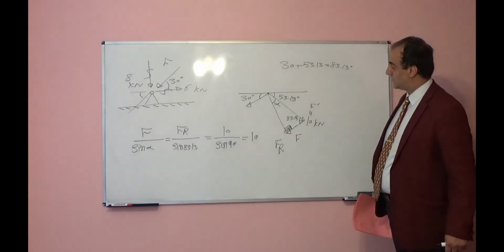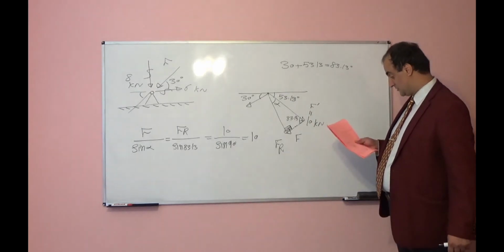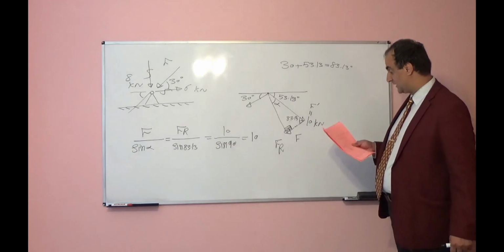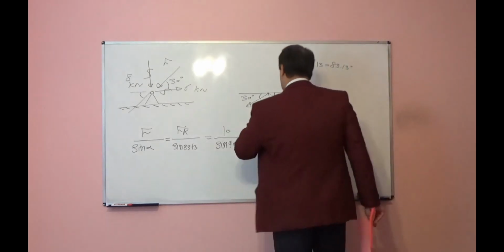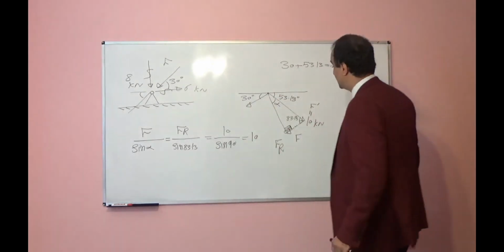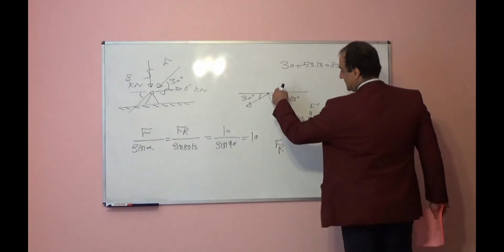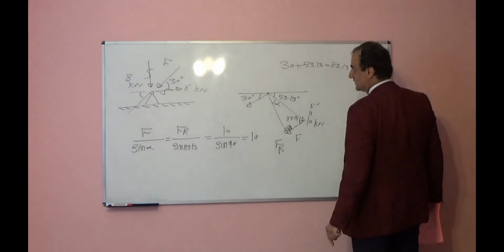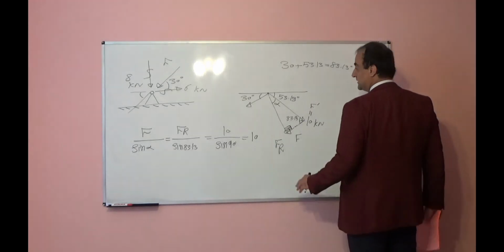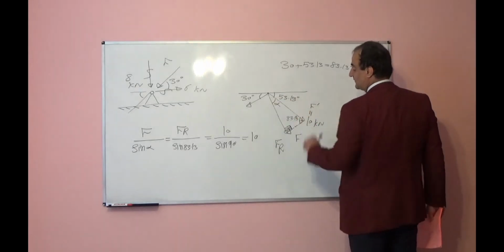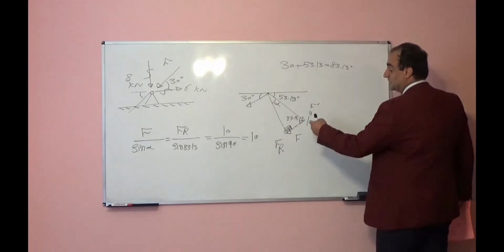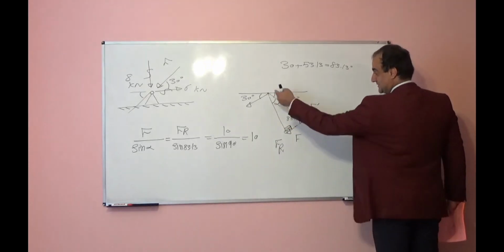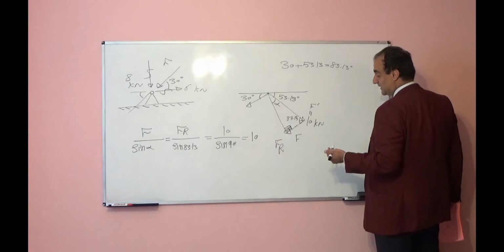Sine alpha, you can find, because the summation of all angles in one triangle should be 180 degrees.